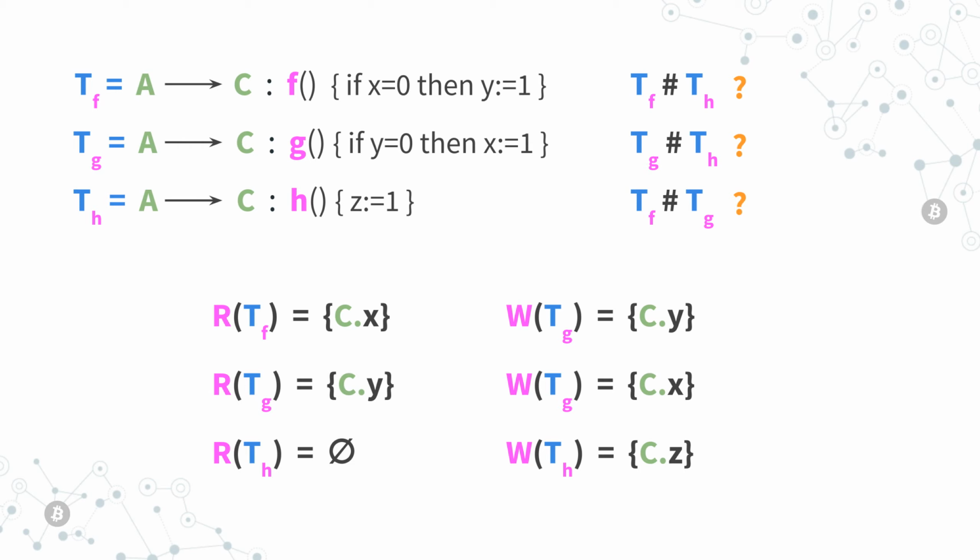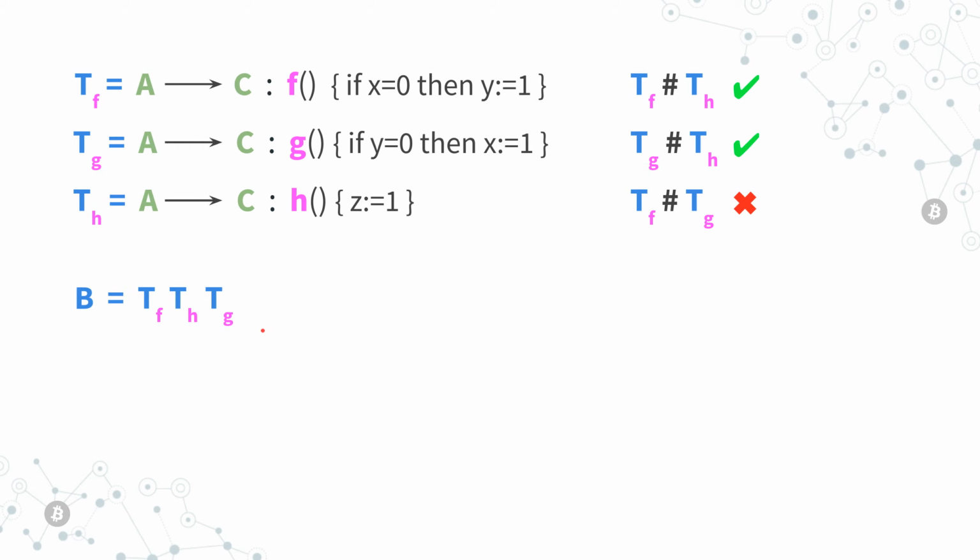Since H does not touch the variables read or written by TF or TG, then it is swappable with both transactions. Instead, TF and TG are not swappable, since, for instance, F reads X, which is written by G.